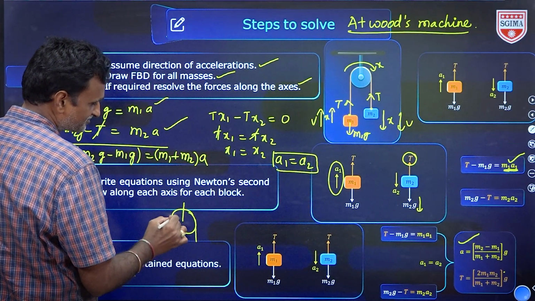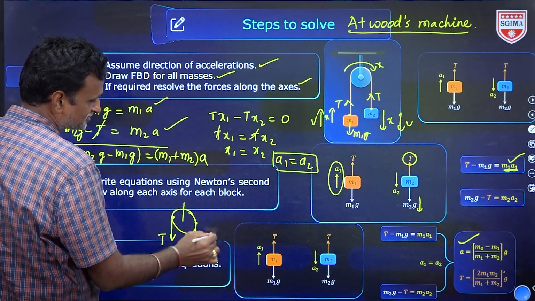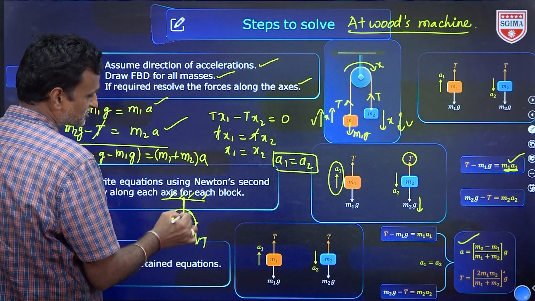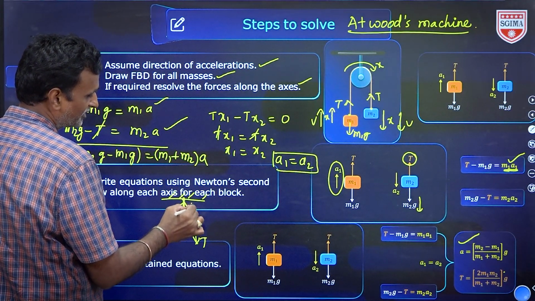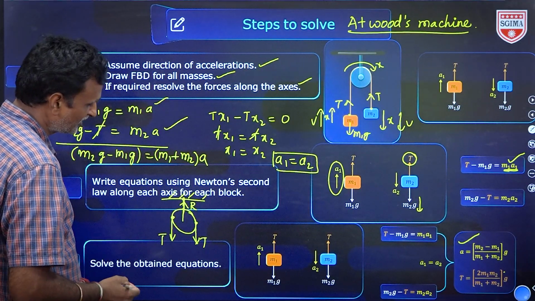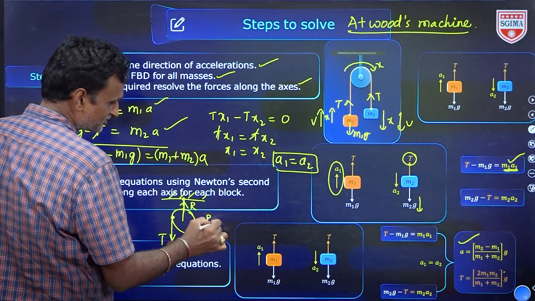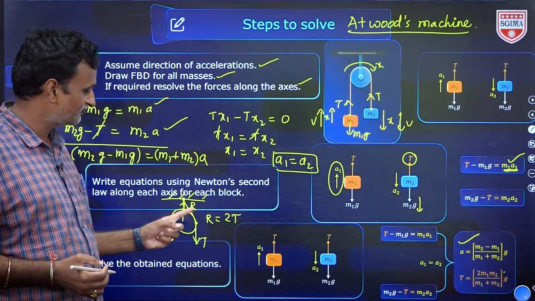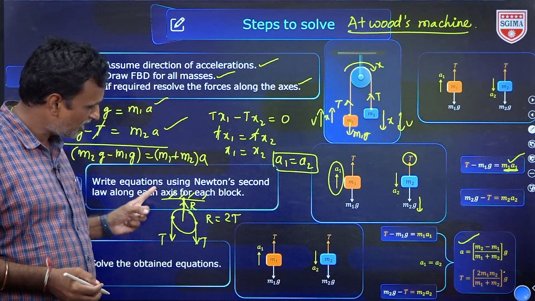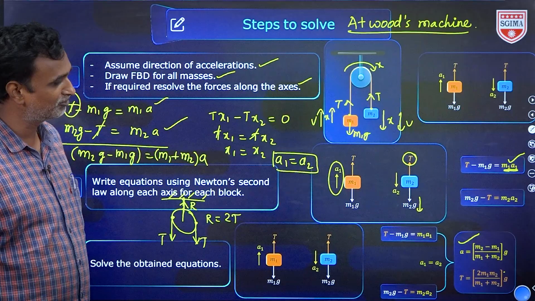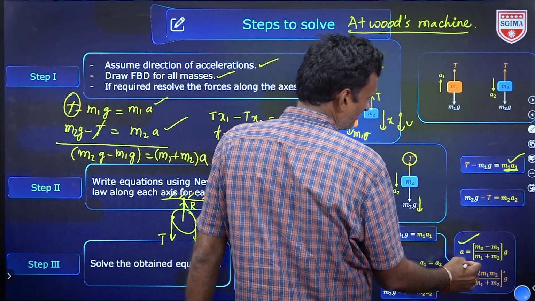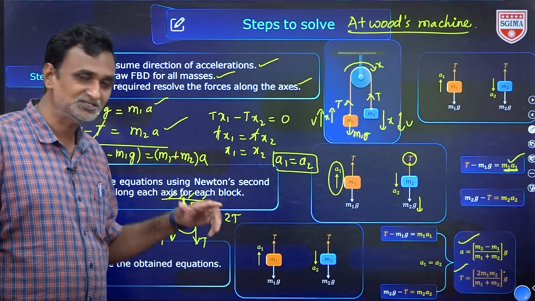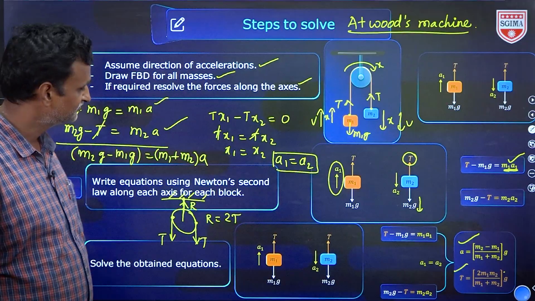Both are downward with respect to this point, the suspension point, and with respect to this pulley there is an upward reaction force, and this reaction force equals 2T for the balancing of the pulley. This is the reaction force exerted by the pulley mass system on the roof. So R equals 2T, and since T we already got, multiplying by 2 gives the reaction force by the pulley mass system on the point of suspension.